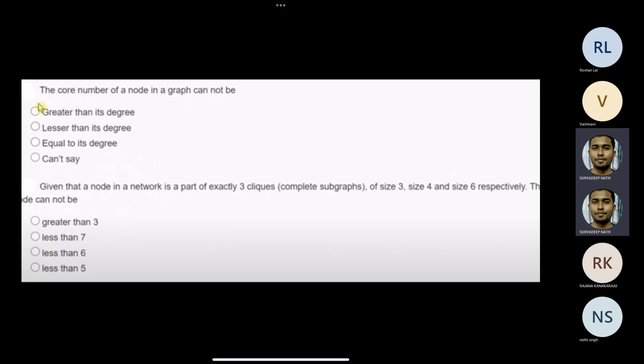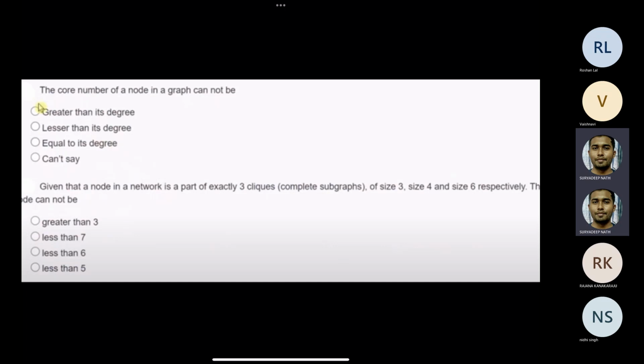So in option 1 it cannot be greater than 3, it would always be less than 3. Option 1 is not correct. Less than 7, yeah, less than 6, less than 5. But if it is less than 7, 6, and 5, then it would be greater than 3, right? You're right.